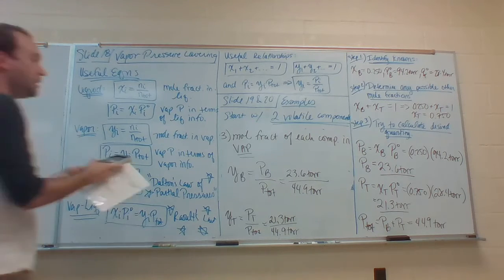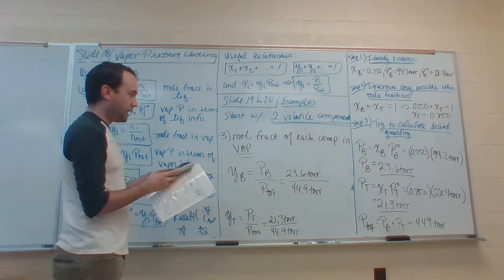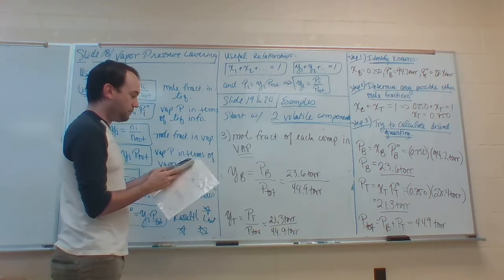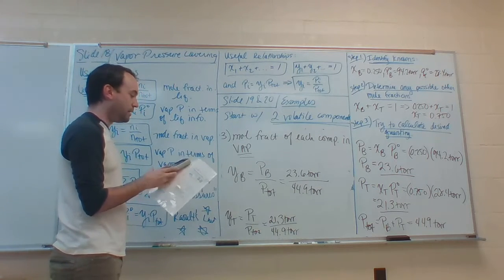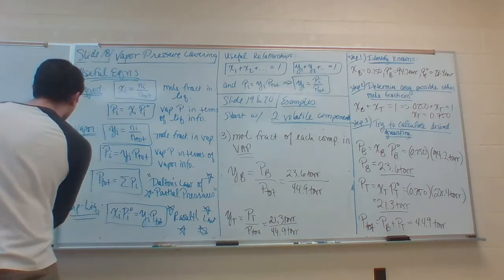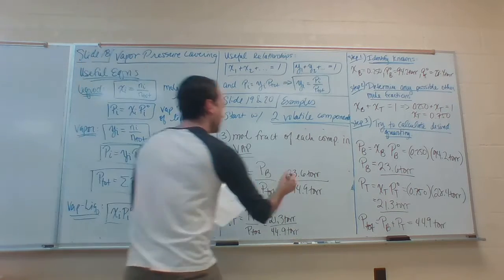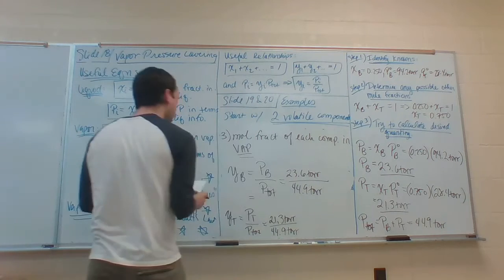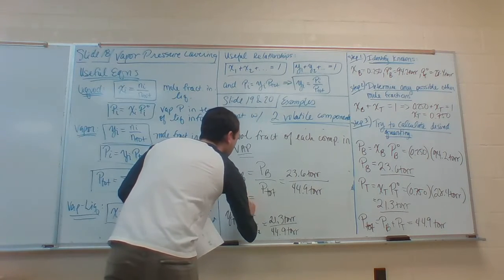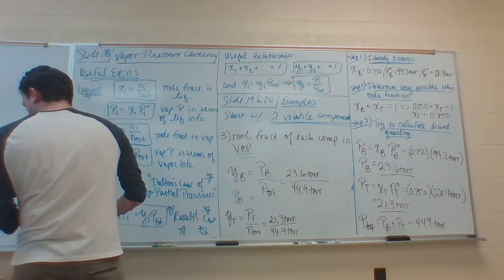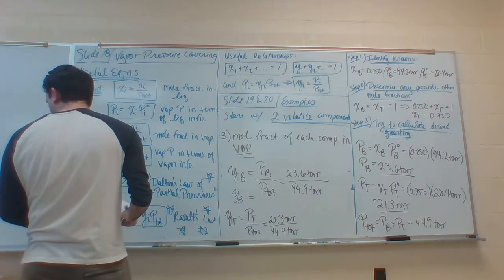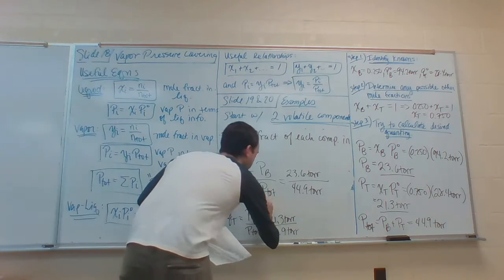So we're going to take the benzene first. 23.6 divided by 44.9 gave me a mole fraction of benzene in the vapor equal to 0.526.